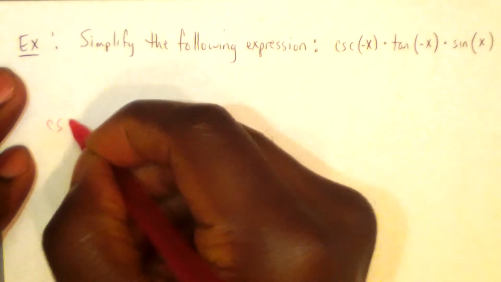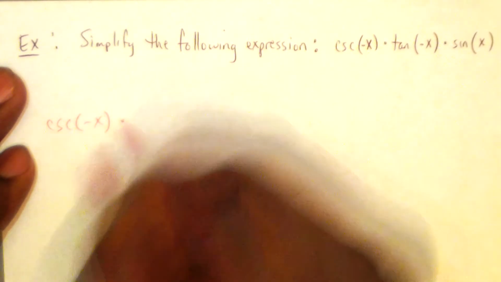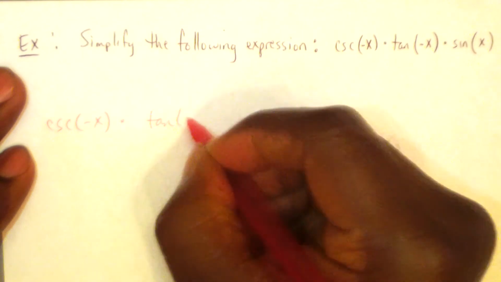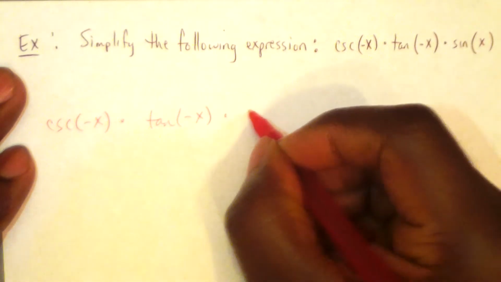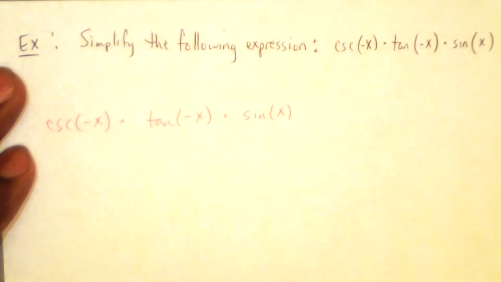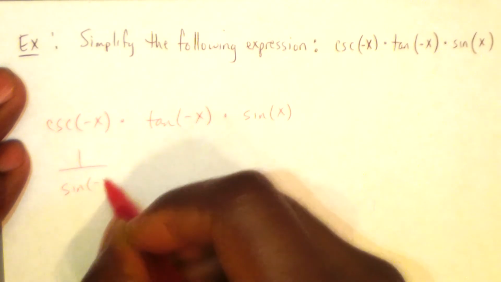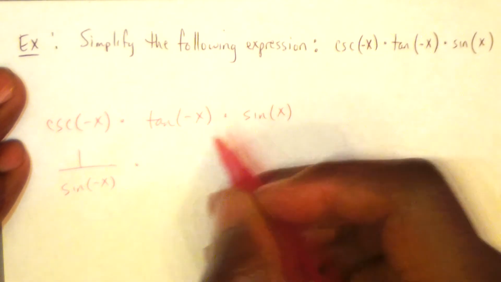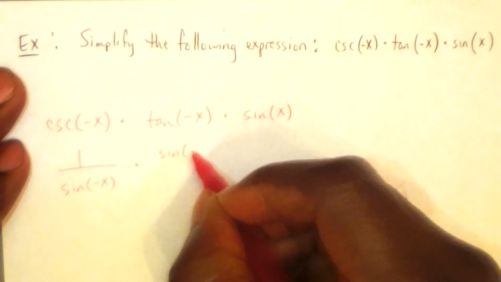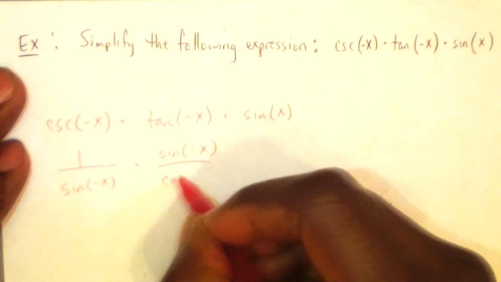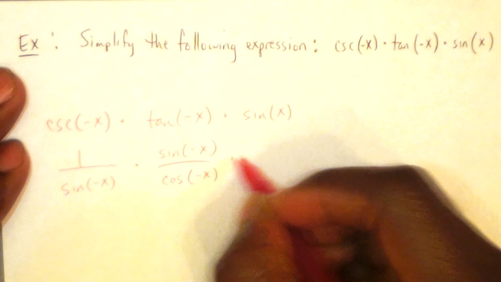So we'll rewrite what we have here. To begin with, we know that cosecant is just 1 over sine of minus x. Tangent is the same as sine of minus x over cosine of minus x.